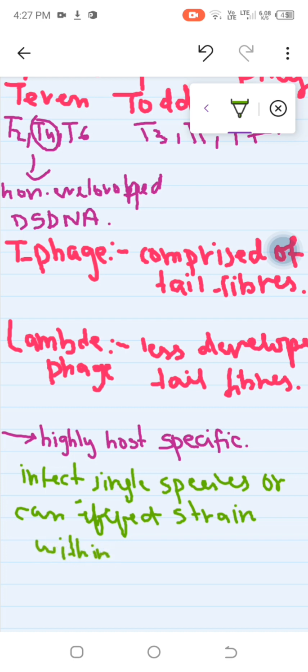A species contains some strains, so they can infect a single species or the different strains within that species.